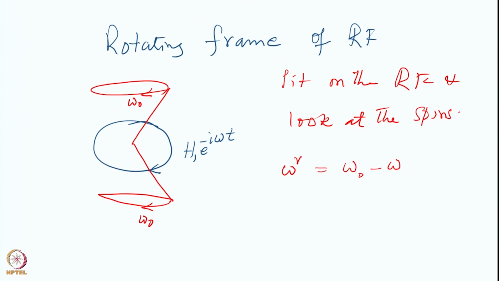And if I want to consider this as a magnetic field, just as we said omega naught is equal to minus gamma H naught, omega r will also be equal to minus gamma, another field which I call HR, and this will be the field in the rotating frame.